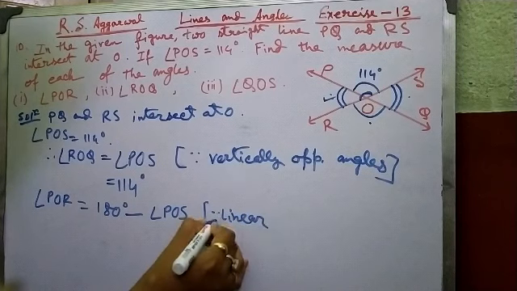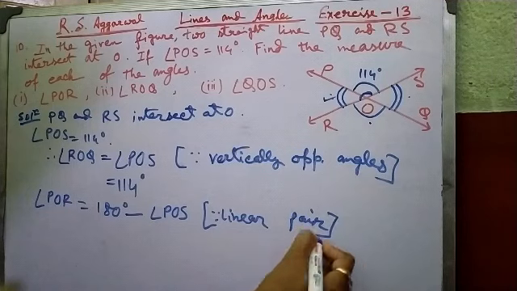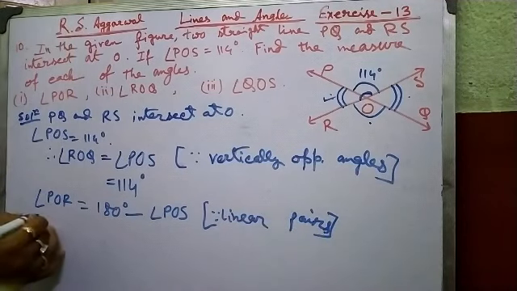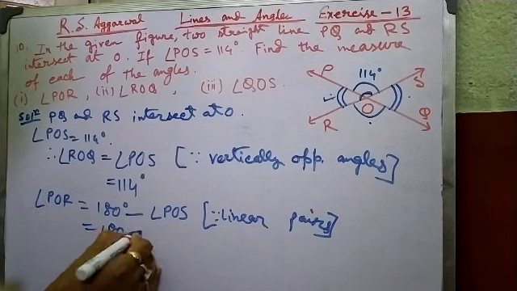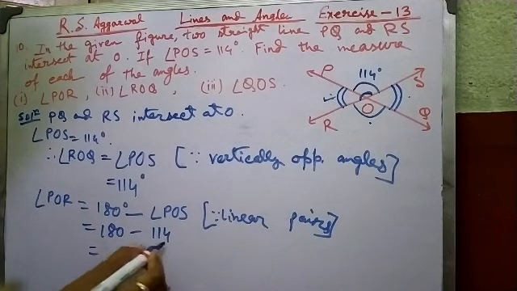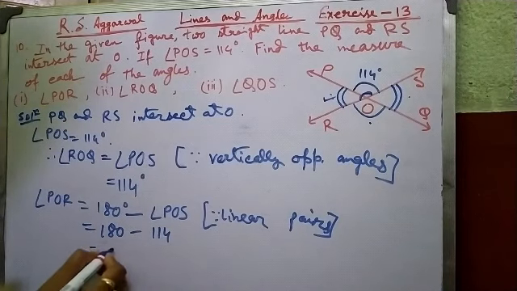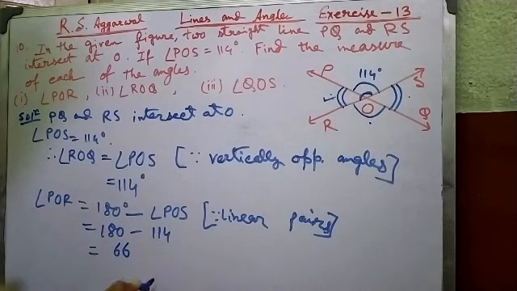Reason will be linear pair. Then we will put the value of angle POS, that is 114. Then we will do the subtraction here. 6, it will be 6 also.